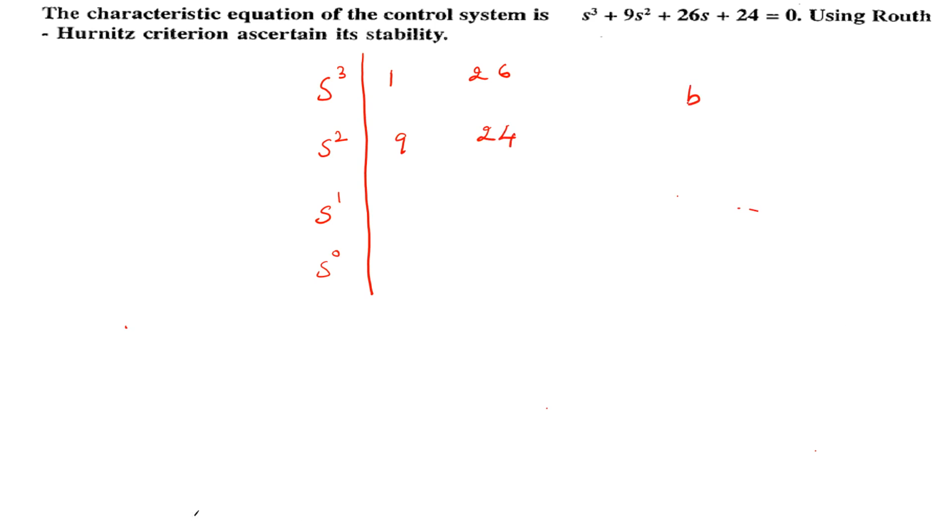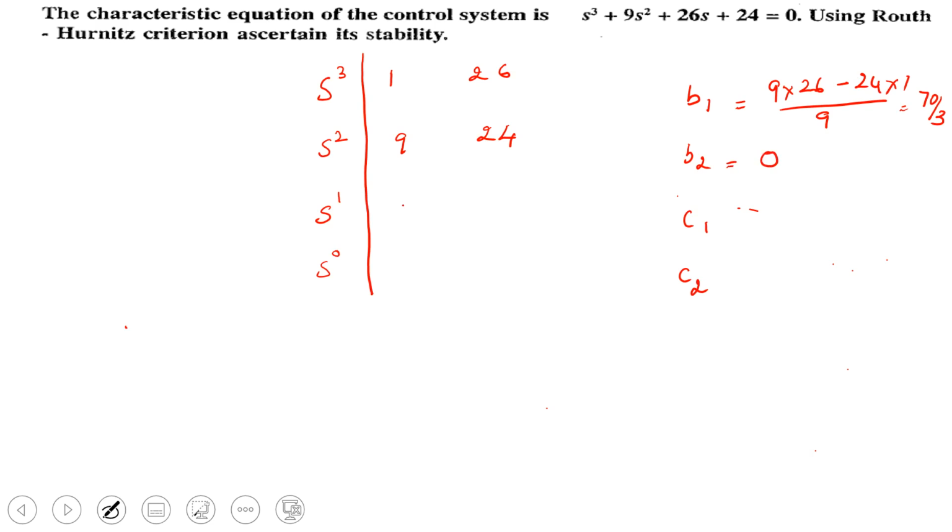We need to calculate B1, B2, C1 and C2. For B1 it is 9 into 26 minus 24 into 1, divided by 9. We will get it as 70 by 3. For B2, there is no third column, so it is 0.